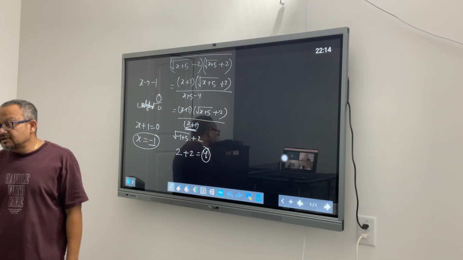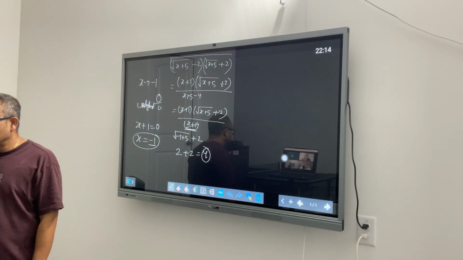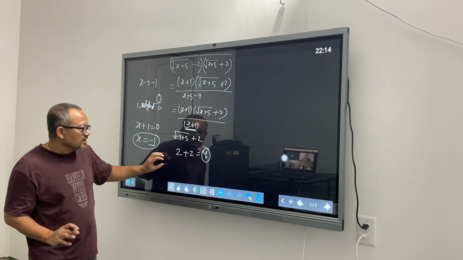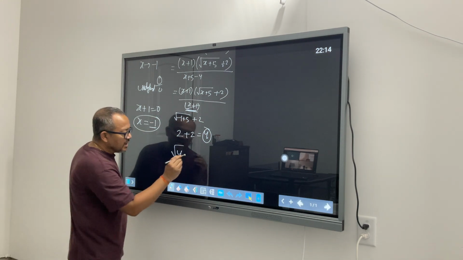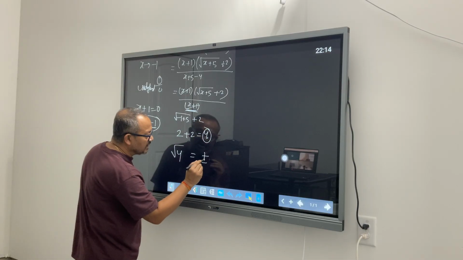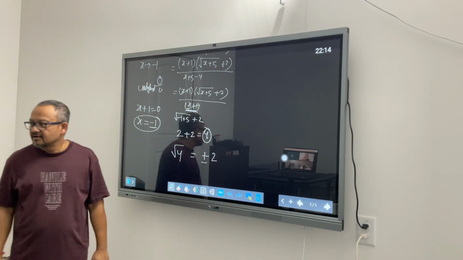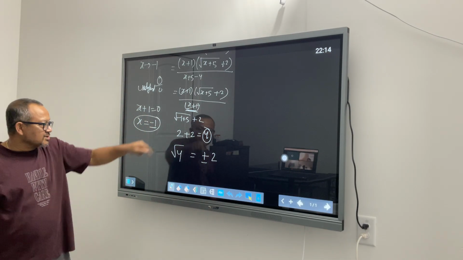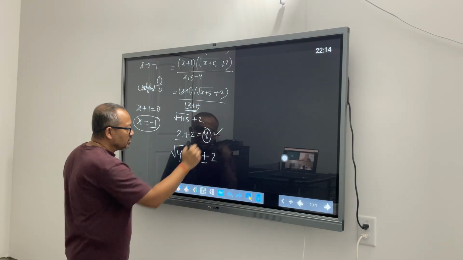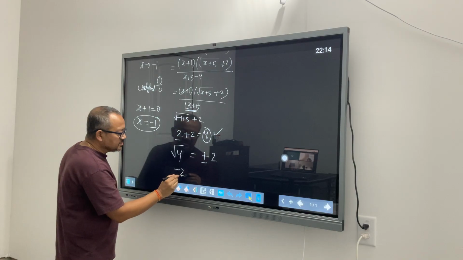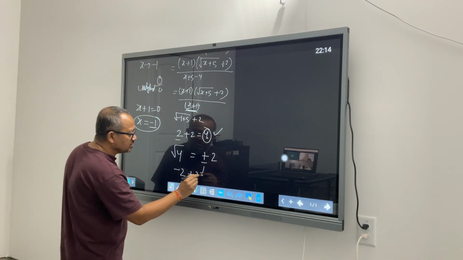Now, Vedansi is not completely wrong. Vedansi is thinking about this: when I am doing square root of 4, I will get plus 2 and minus 2, both. When I take plus 2 as the answer, my answer is 4. When I take minus 2 as an option, minus 2 plus 2 is 0.